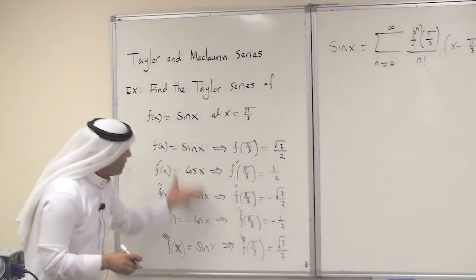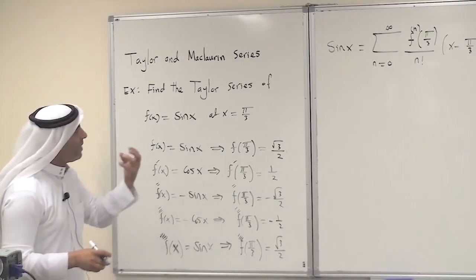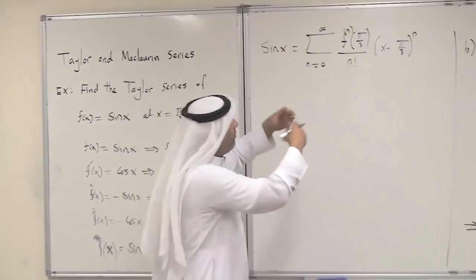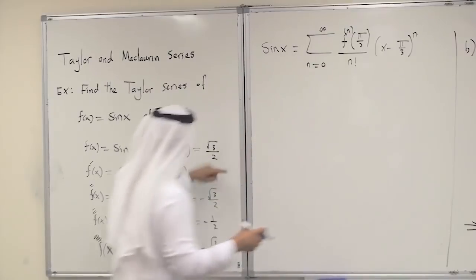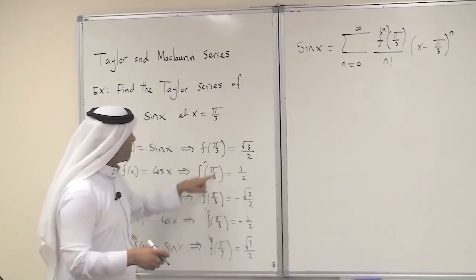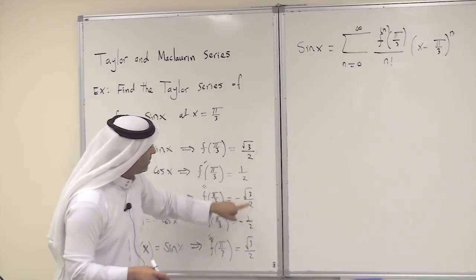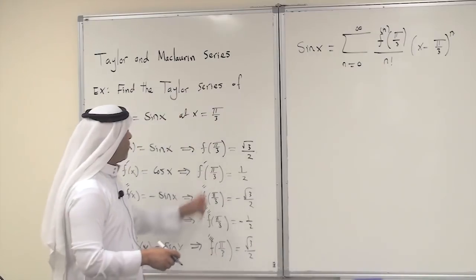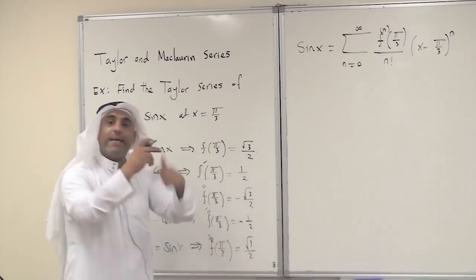But by the calculations we did here, we found out that we have two behaviors of the nth derivative. For the even terms, we have radical 3 over 2, radical 3 over 2, radical 3 over 2, but alternating in sign. For the odd terms, we have 1/2, 1/2, 1/2, but alternating in sign.